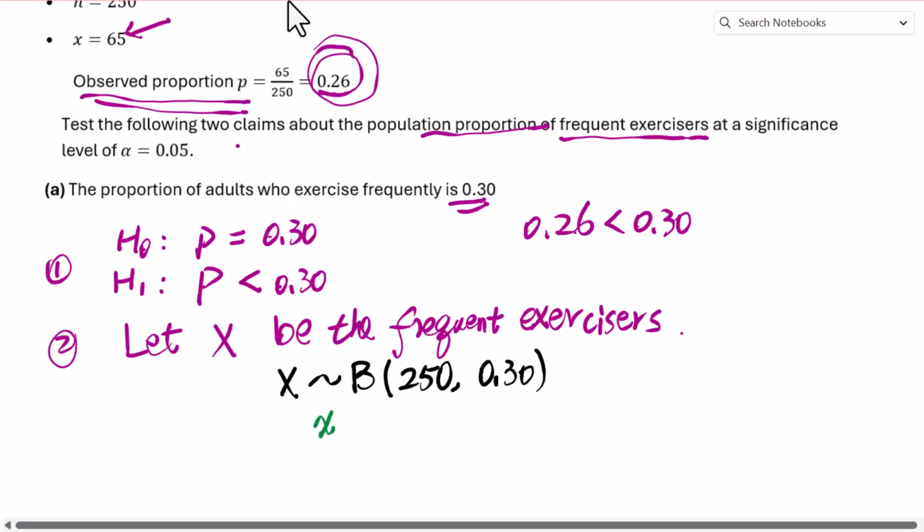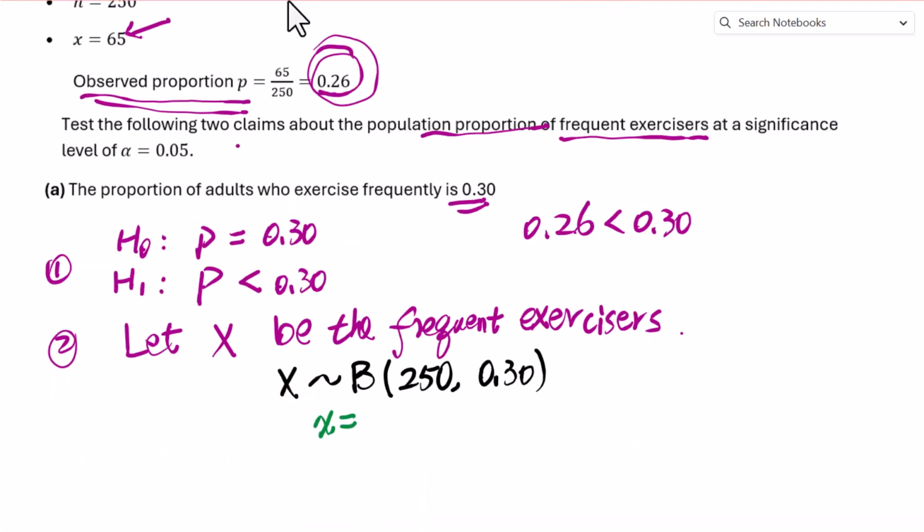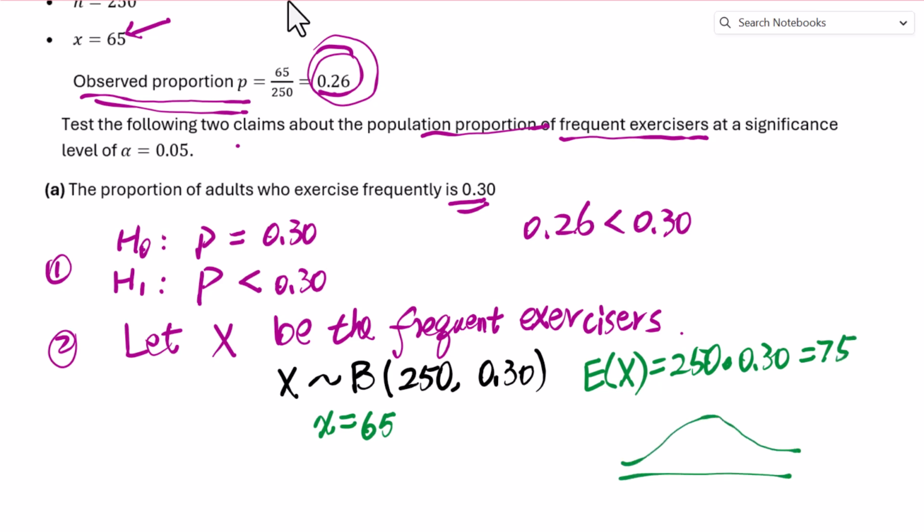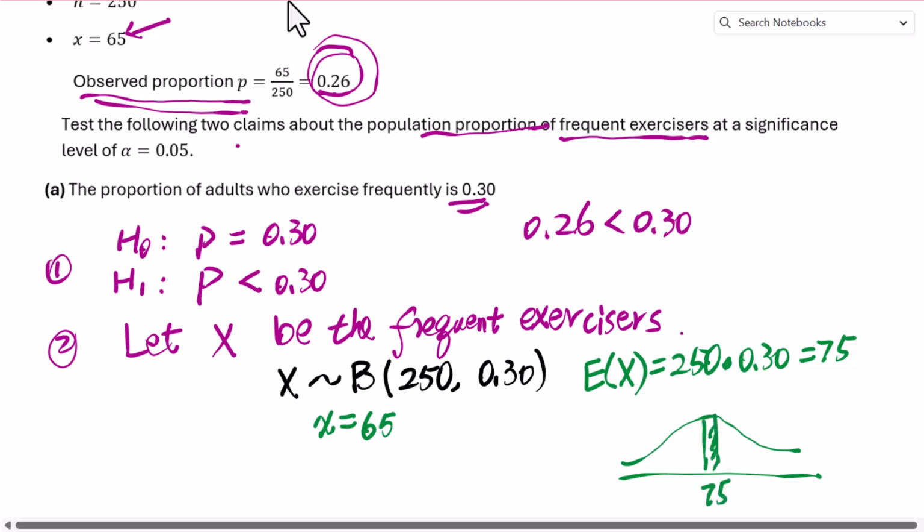We are given the X statistic is 65. The expected value of X equals 250 times 0.30 equals 75. Let's sketch the diagram. 75. X is 65.